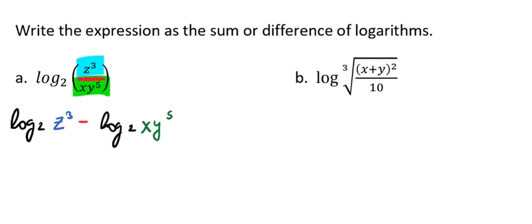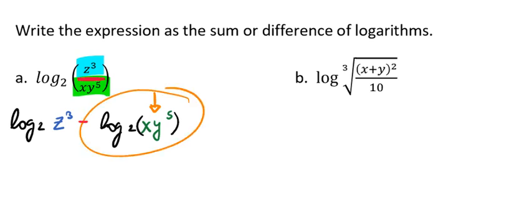Now from here, because we have this xy to the fifth power, notice that inside of here we have a multiplication. So this is going to turn into two more logs.